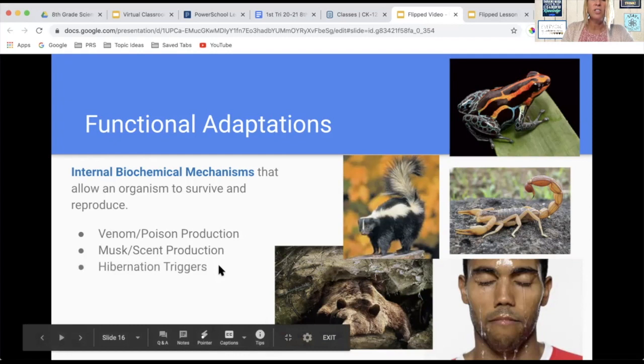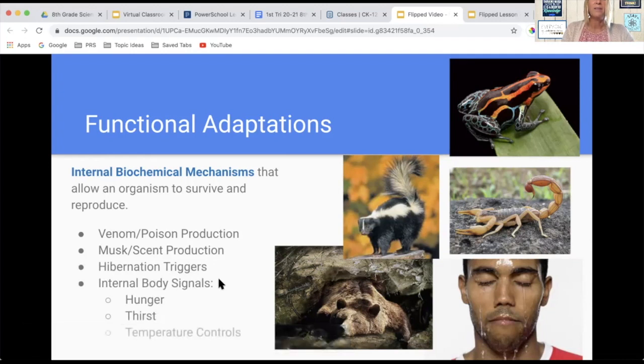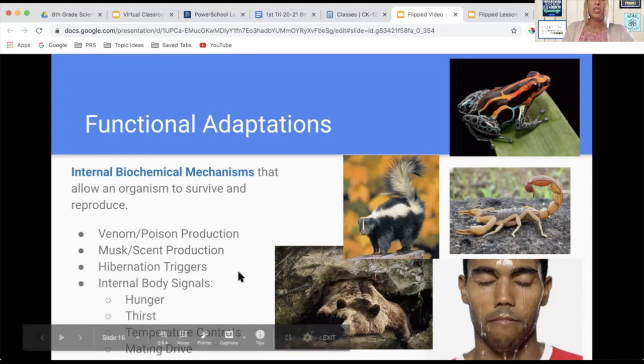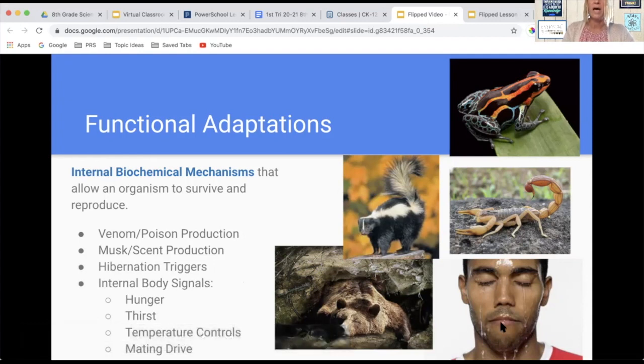Hibernation triggers, so internal biochemical mechanisms that tell an organism it's time to hibernate. Internal body signals like hunger, thirst, the drive to find a mate, temperature controls, so sweating or shivering. These are internally controlled adaptations that would be considered functional adaptations.